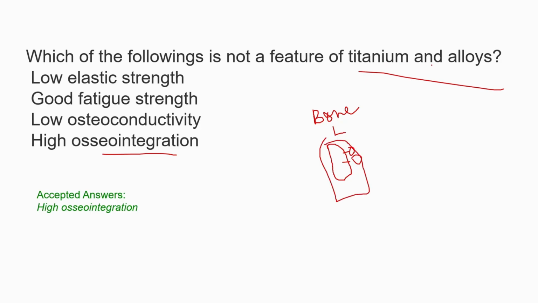So the titanium and alloys are highly inert materials and they don't really interact with the cells.